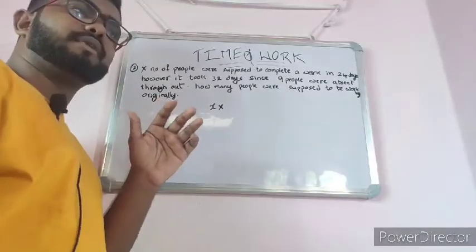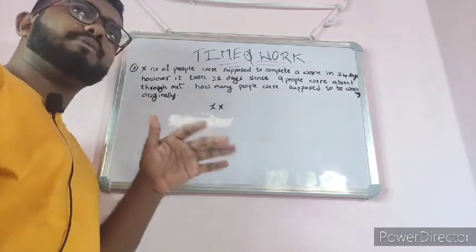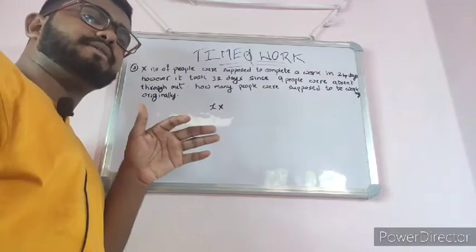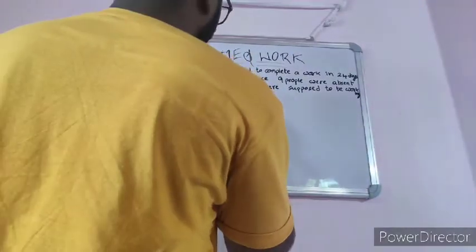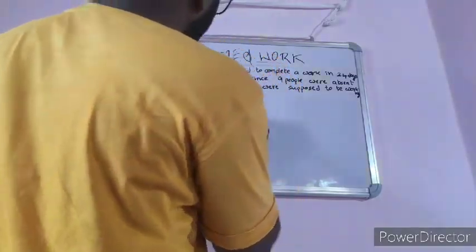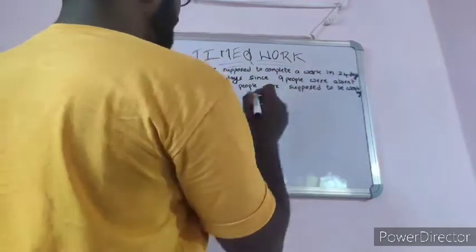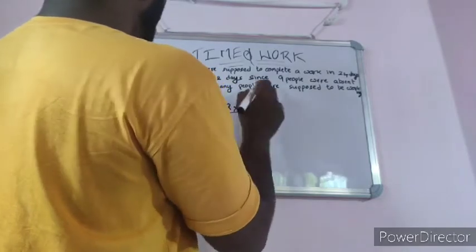So if one laborer comes and works, or if 10 laborers come and work, the rate will be the same. Working for 9 hours in a day is the same, so the rate doesn't change. Into M R T. So what's the time period it took? It took 24 days to complete a work.